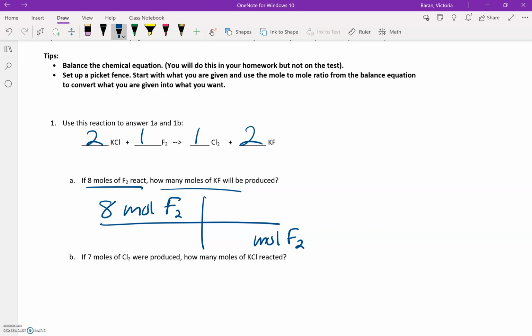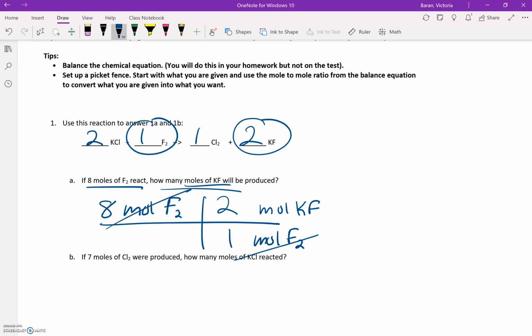That's when I'm going to look at the balanced equation. So notice F2, there's a 1 in front of it. So that's 1 mole of F2. I'm getting that from the equation. Now they're asking me to convert into moles of KF. So above that, I'm going to put moles of KF. That's potassium fluoride. Well, how many moles of KF? I'm going to again use the balanced chemical equation, so 2.